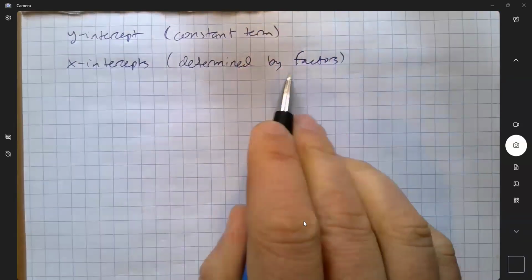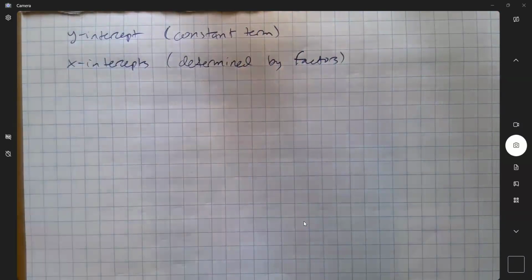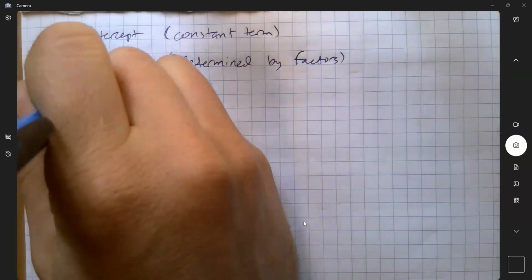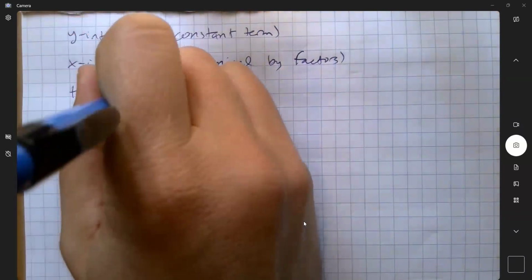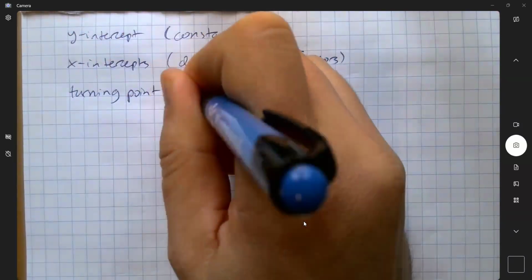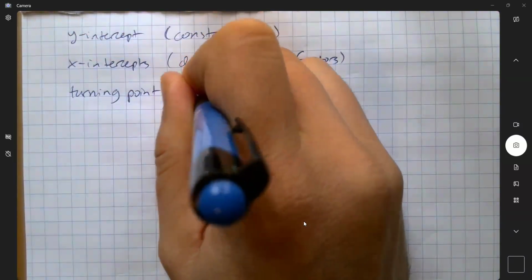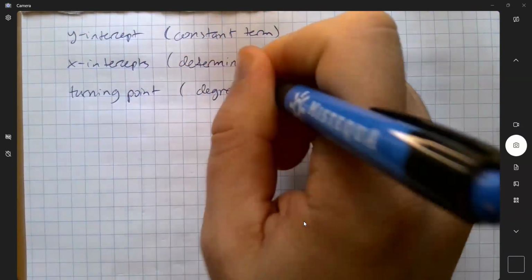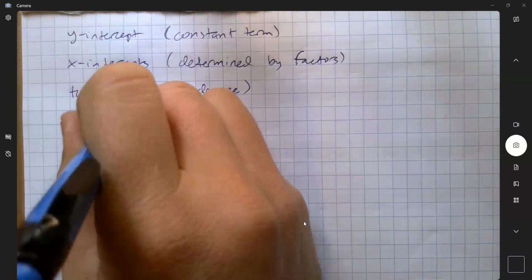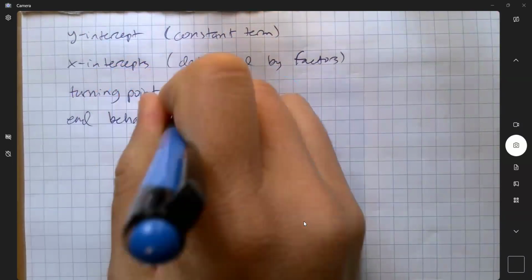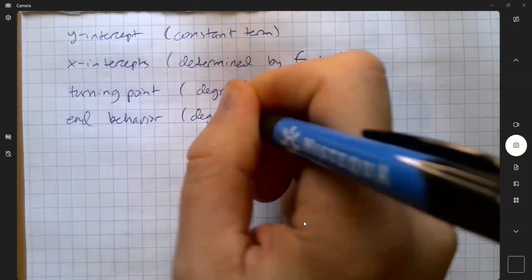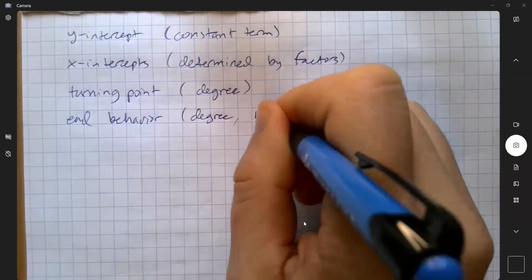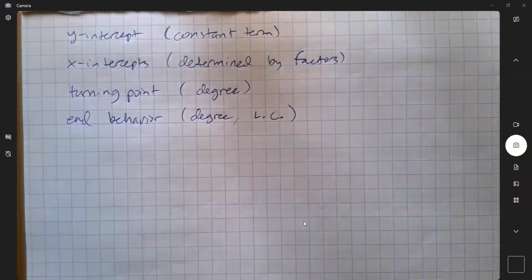It's the opposite of what you see in your factors. The turning points are told by the degree. Is it odd or even, and how big is that number? And the end behavior requires both knowing whether the degree is odd or even, and also whether the leading coefficient is positive or negative.